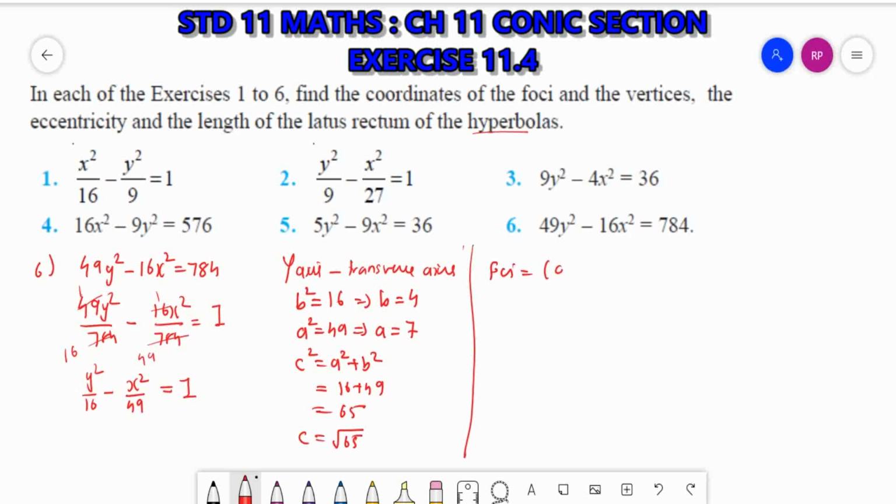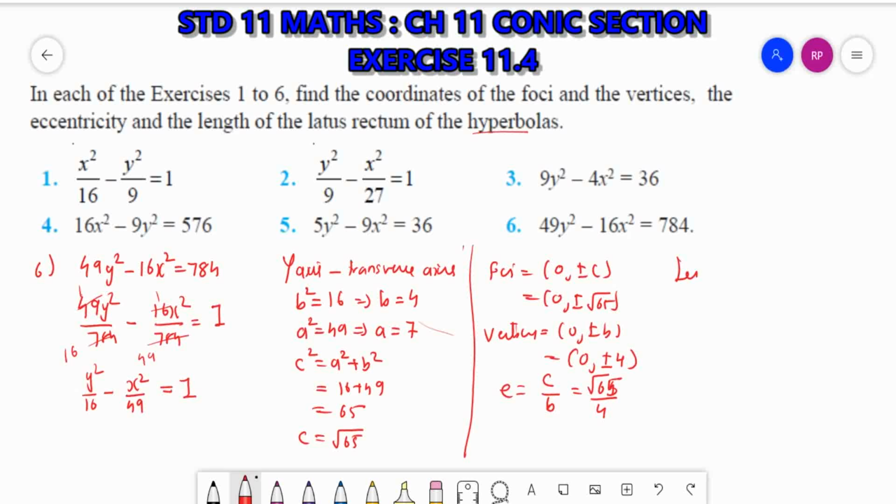So foci 0 plus minus c, that is 0 plus minus root 65. Vertices 0 plus minus b, so that will be equal to 0 plus minus 4. Okay, eccentricity e is equal to c by b, that will be equal to root 65 upon 4, because y axis is transverse axis, so it's c by b.